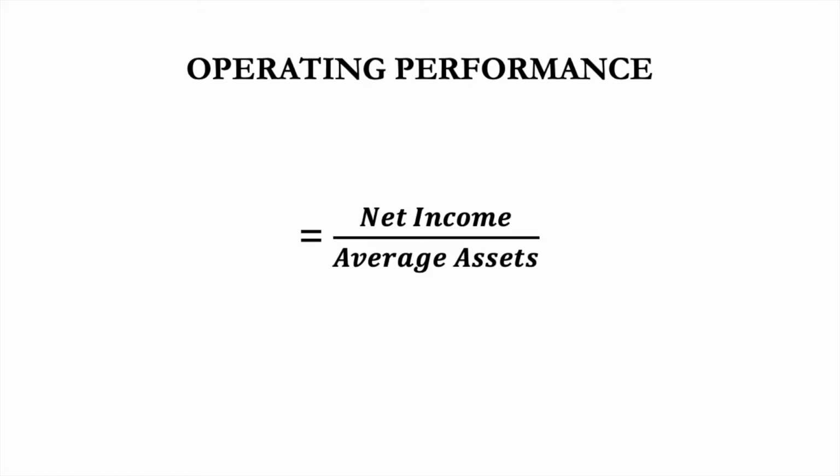But the number for total assets on the balance sheet only represents the value of the assets they had on December 31st. So when you compare total assets and net income, you're comparing two different things measured over different time periods.